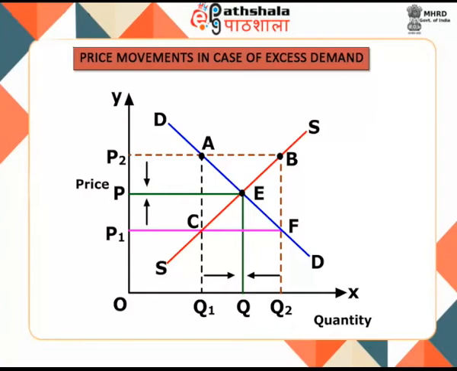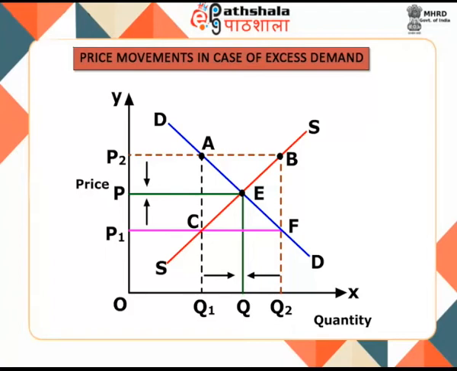If the excess demand is negative, that is, P1F is less than P1C, the quantity supplied is greater than the quantity demanded. The sellers will lower the price from OP2 to OP.